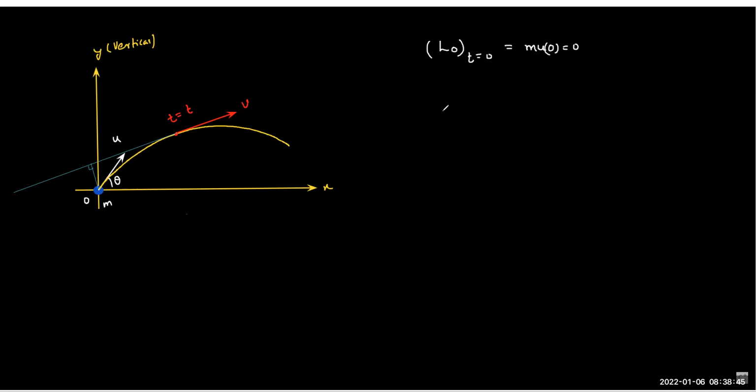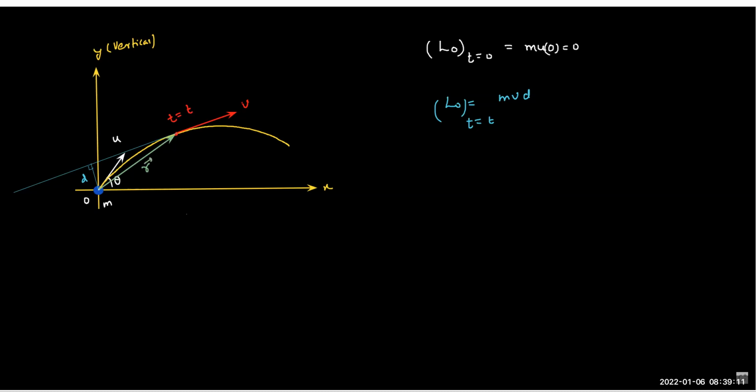So after some time t, the L about O at t equals t will have some value, and that value will be mvd, where d is this distance. Now this is difficult to calculate, but there is a better way. We can join this point, and we know this is the r vector.